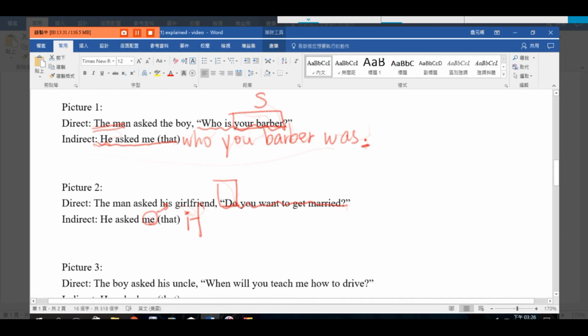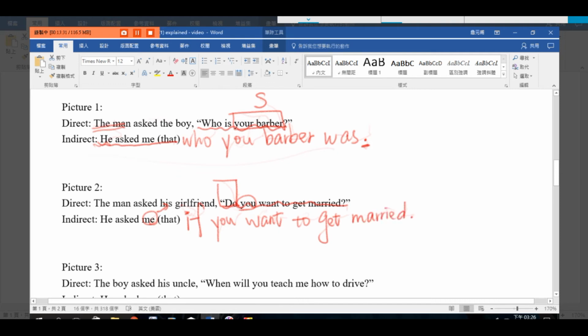Now again, make sure that the subject is before a verb. Now the subject in the sentence is you. Now we do not use do in the positive sentence written in the present simple tense. So there's no need for do. So if you want to get married.